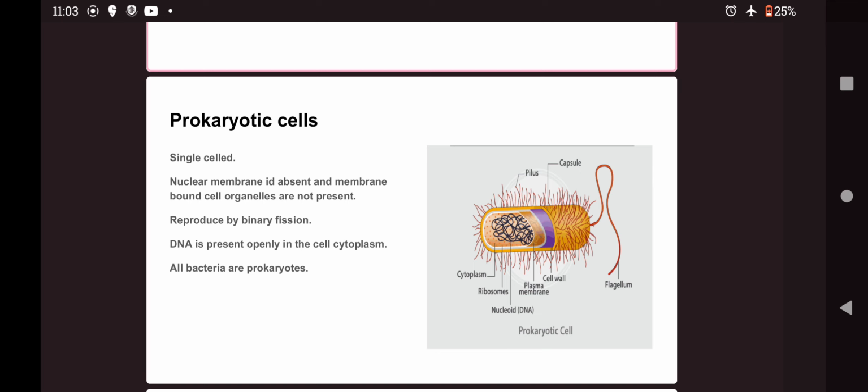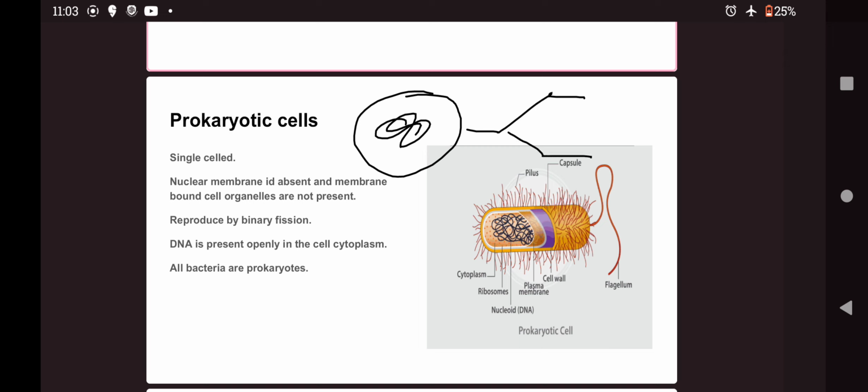Binary fission means that if this is one prokaryotic cell, then it gets divided into two parts. That is, this is the first and this is the second, and these further form new prokaryotic cells. So generally the cell divides itself by the process of binary fission.